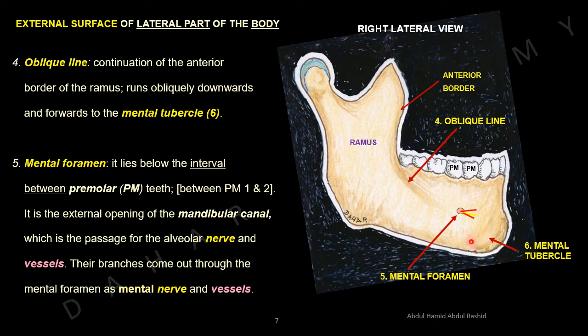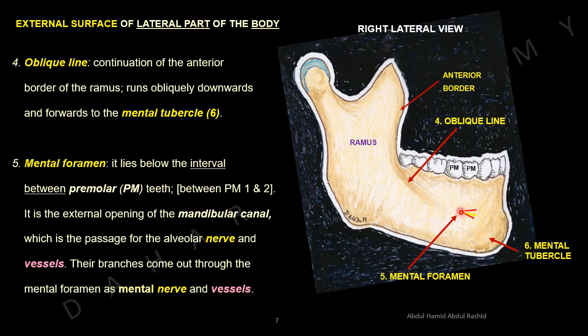Next is the mental foramen. It is below the interval between the first premolar and second premolar teeth. Here is the mental foramen, about midway between the superior and inferior border in an adult.